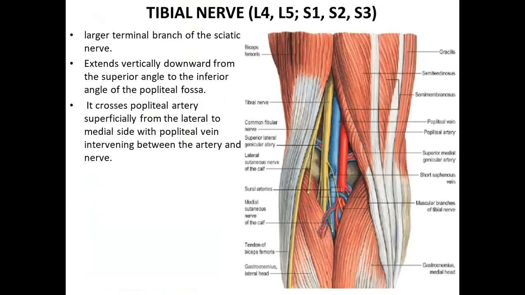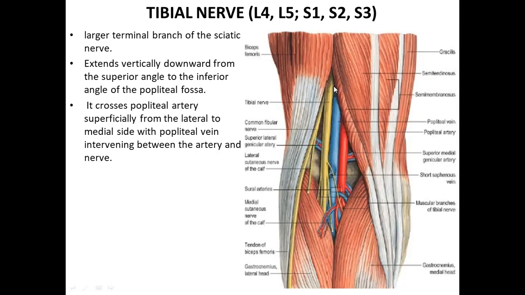Then coming to another content which we have discussed, we know that the sciatic nerve ends as the tibial nerve and the common peroneal nerve at the superior angle of the popliteal fossa. So talking about the tibial nerve, the tibial nerve is the large terminal branch of the sciatic nerve. The root values are L4, L5, S1, S2, and S3.